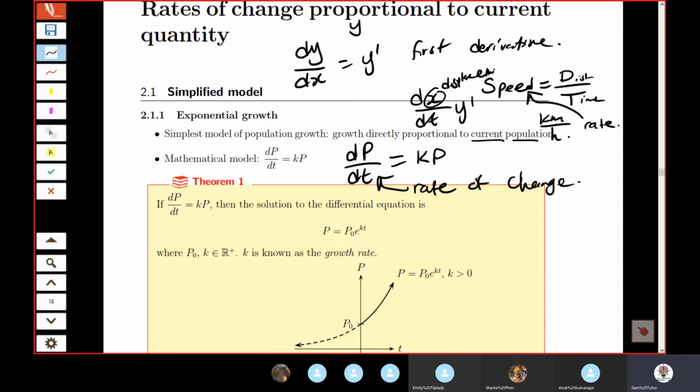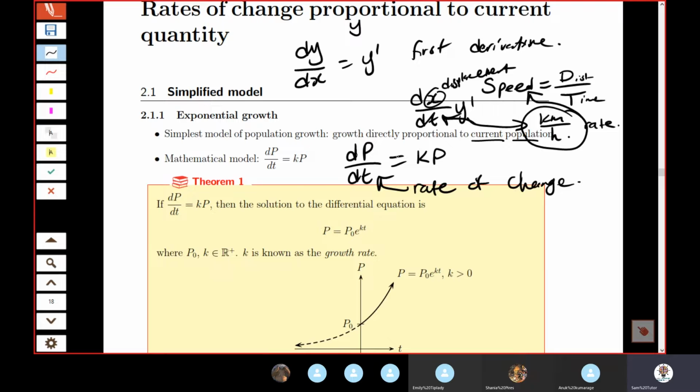Now, we're going to learn more about displacement, velocity, and time and acceleration in year 12. That's the rate of change of year 12. But I'm just trying to show you how something you've done before, which was a rate, kilometers per hour, is actually the same as a derivative. They're actually the same thing. So something you learned in like year 8, year 9 is now getting linked to something you're learning in calculus. And I hope that we can see the link soon enough.